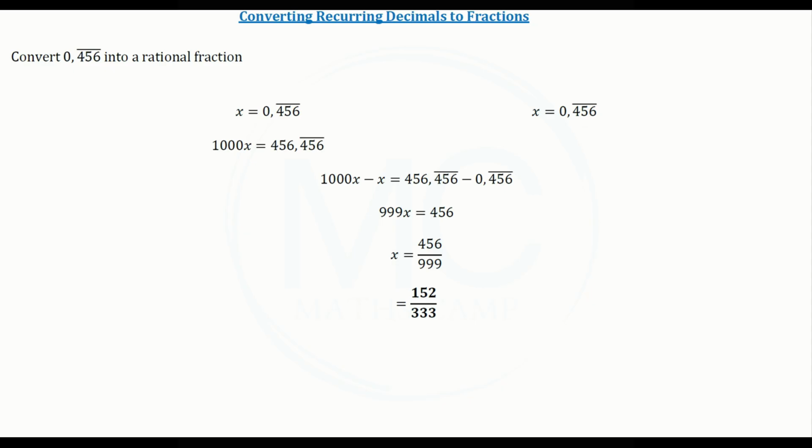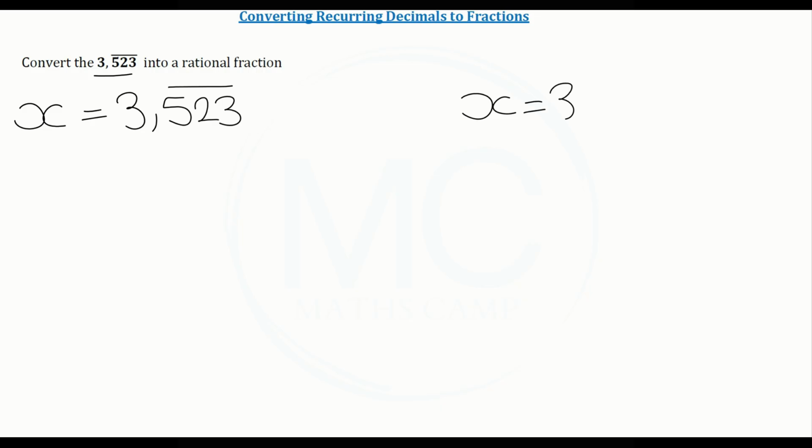Let's do an example with a decimal that is greater than 1. Convert 3.523 recurring into a rational fraction. Let's start by making our decimal equal to x. So we can say x is equal to 3.523 recurring over here, and x is equal to 3.523 recurring on this side.